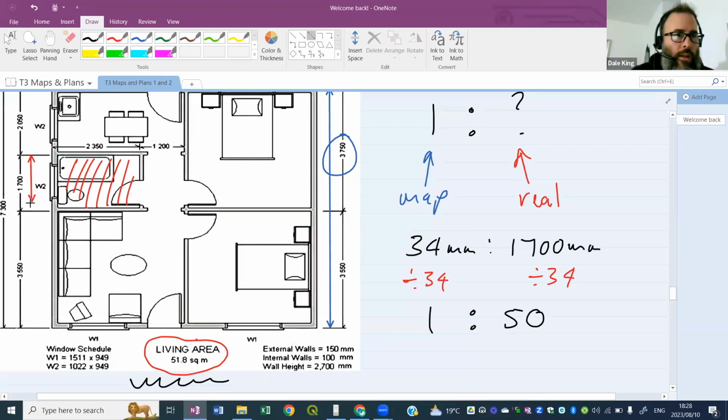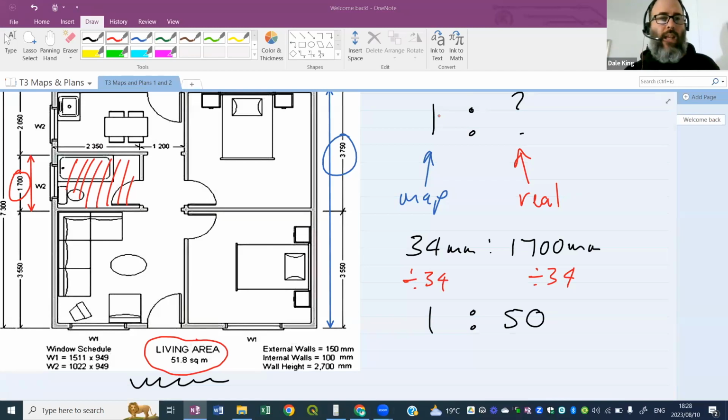So we need to talk about this dimension here, and they've got a number there, 1,700 millimeters. So that's the reason why we used 1,700 millimeters. The 34 came from the question. They said that if the outside wall was measured on the plan with a ruler, it is 34 millimeters. That came from the question.